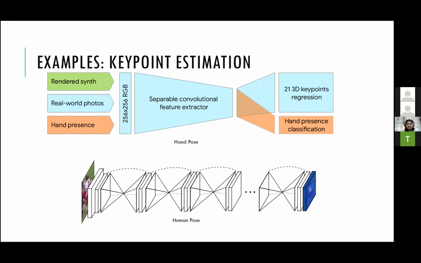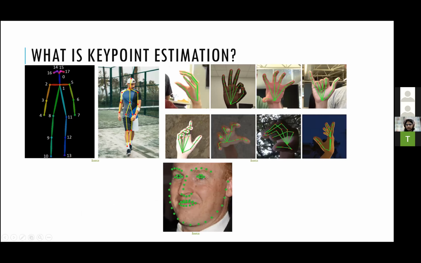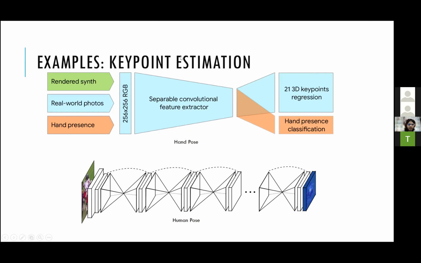So some examples, in a bit more detail in terms of how architectures are developed to do this. So you have synthetic images. For example, the top row here are real images, the bottom are synthetically generated. So you could have real and synthetic images, and then you have some deep learning model that regresses key points, that is the u, v, or x, y, z values.